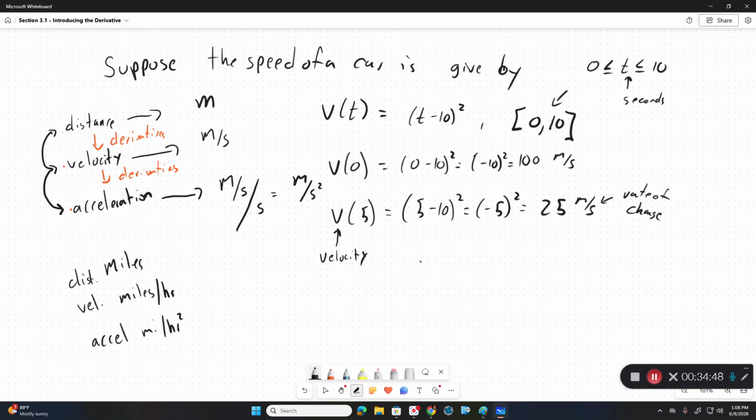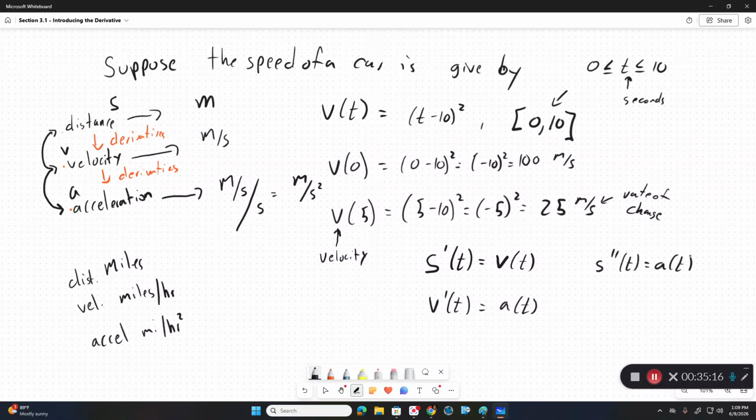Okay? So, the typical way it goes is we might use S for distance, and let me write this right here. We might use V for velocity and A for acceleration. S prime of t, the derivative of position, is velocity. V prime of t is a. And we'll talk about this more as we get to this section. You could also talk about the second derivative, the derivative of the derivative.